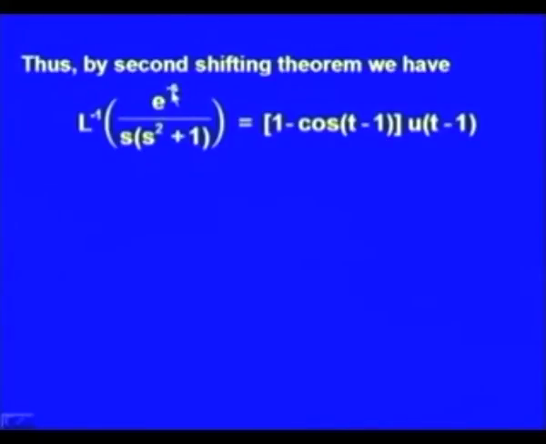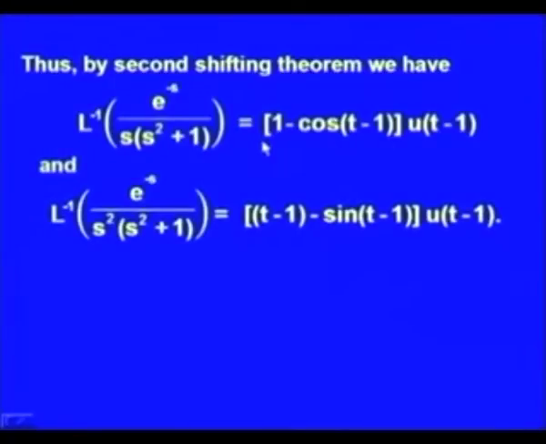So, here a is equal to 1 and f s is 1 over s into s square plus 1, whose inverse Laplace transform we have seen comes out to be 1 minus cos t. So, by the second shifting theorem we have the inverse Laplace transform like this.